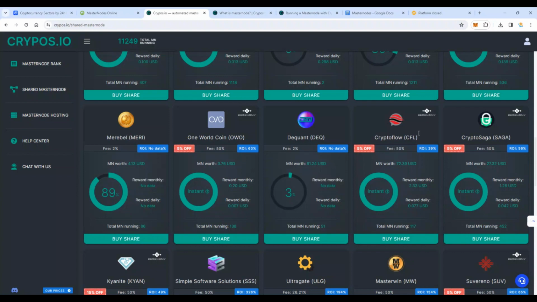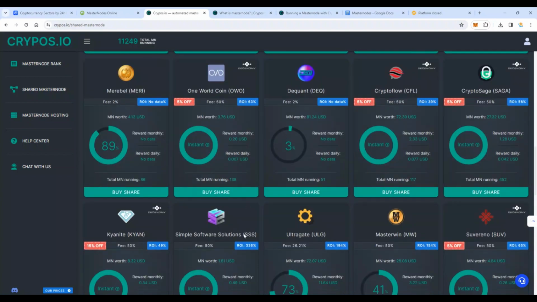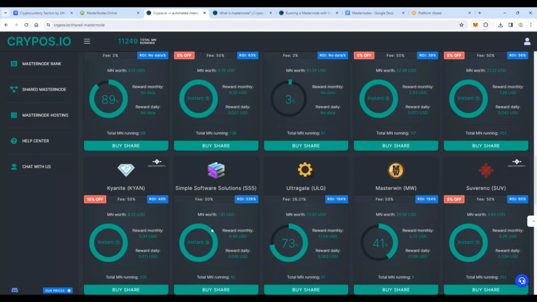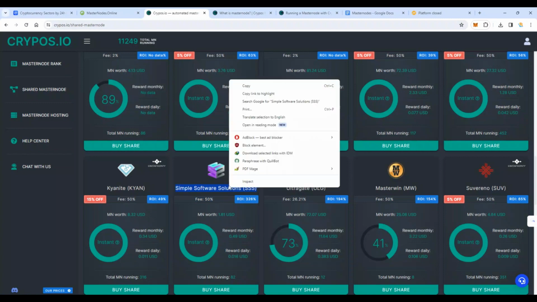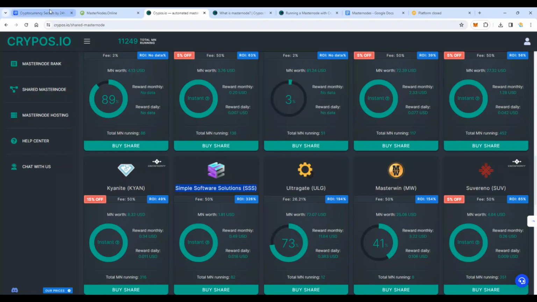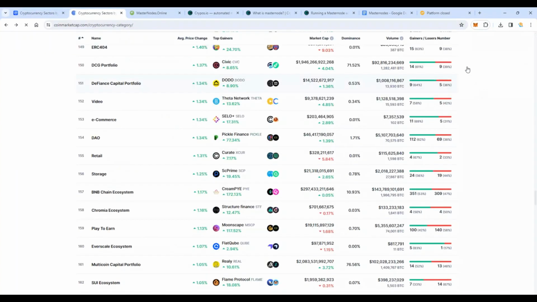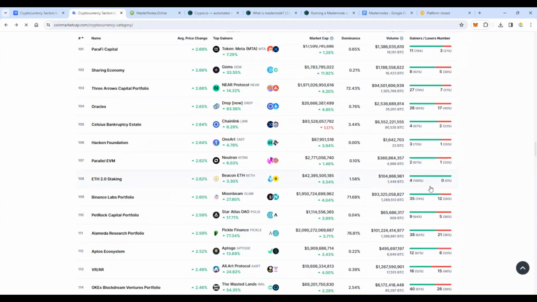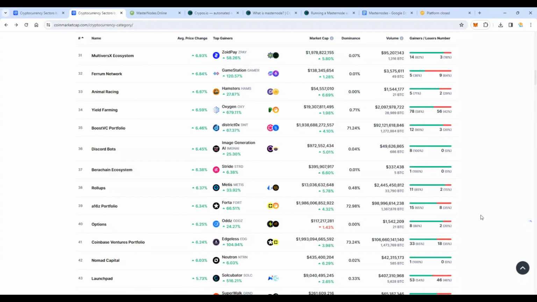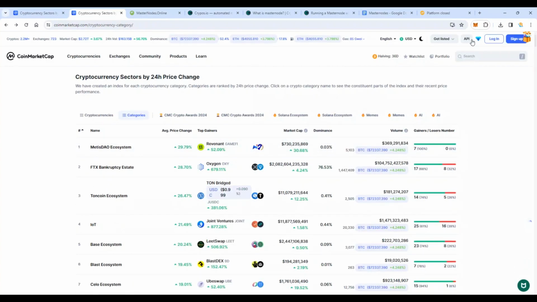You might find a project that has a return on investment like 65%. Others have 326%, like this one, for example, and the minimum amount that is required is just $1. Now, if you look at a project like this, Simple Software Solutions, SSS, if you go to CoinMarketCap and look for a project like this, let's see how this project is trading and where it's trading.